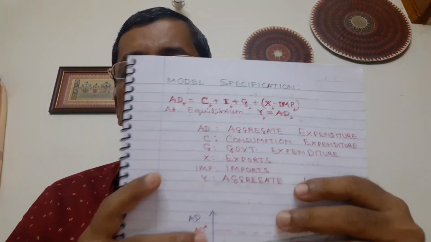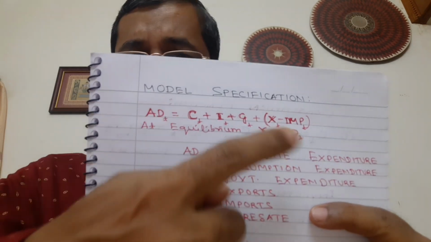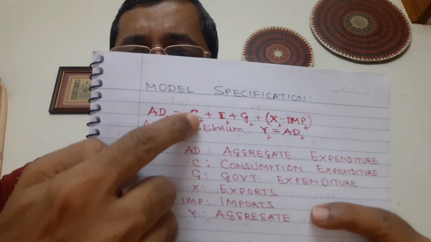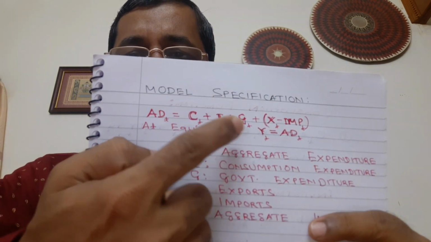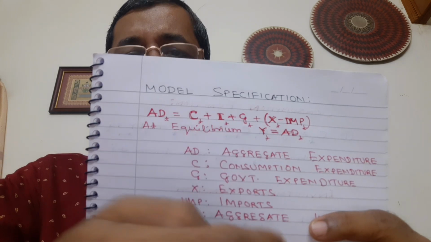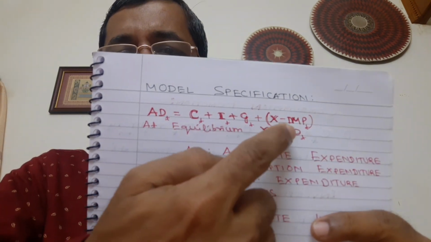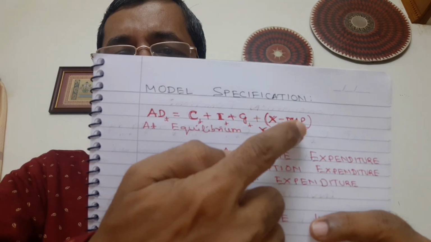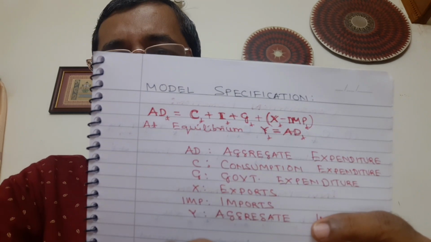Coming to the first step of model specification, we can think of the Keynesian aggregate demand, which has broadly 4 components: C_t, where C stands for consumption, I stands for investment, G stands for government expenditure, and X minus IMP, that is exports minus imports, so net exports, and t basically connotes the time dimension.